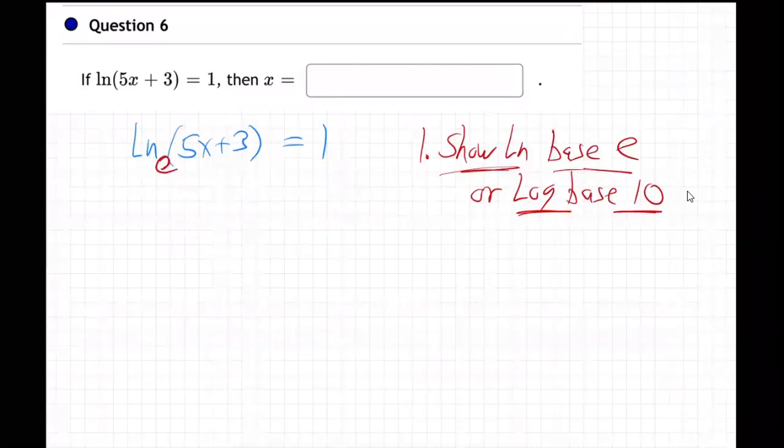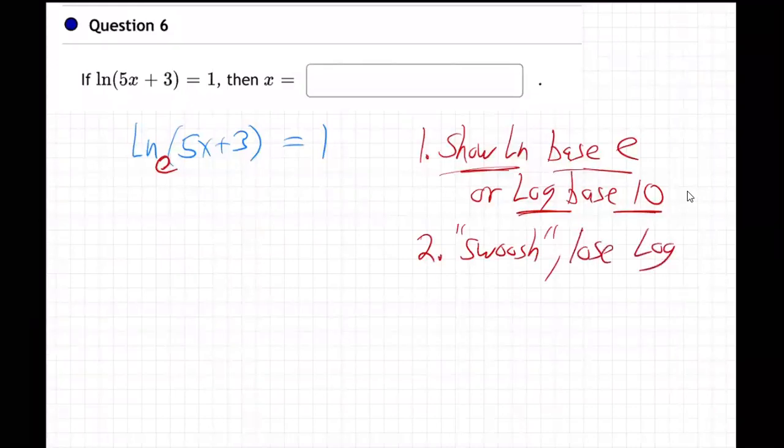Okay, so first step, show the base. Step 2, do the swish. Do the swish and lose the log, or the ln in this case. Remember, you grab the base, you go there and there, and it's bye-bye log.